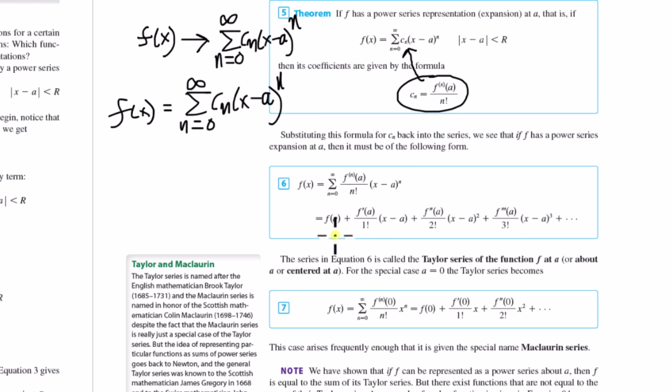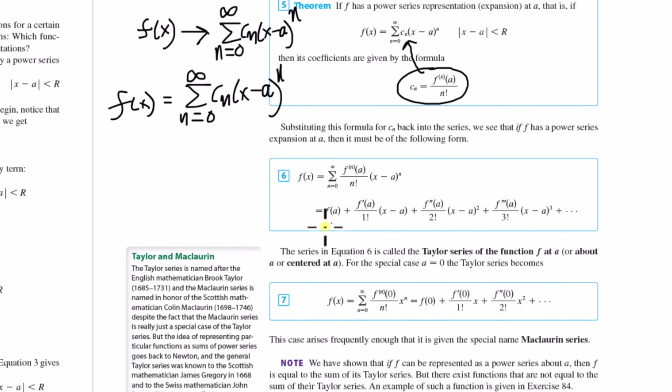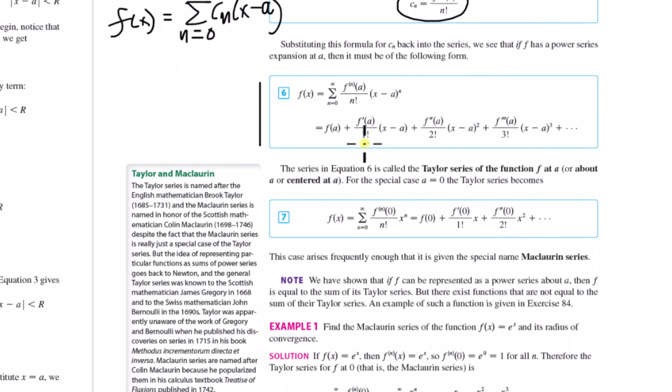F to the 0, like the nth derivative, that just means there's no derivative taken. So this is just f of a, and then f prime of a over 1 factorial x minus a to the first, f double prime evaluated at a, over 2 factorial x minus a squared, etc. This here is called the Taylor series.